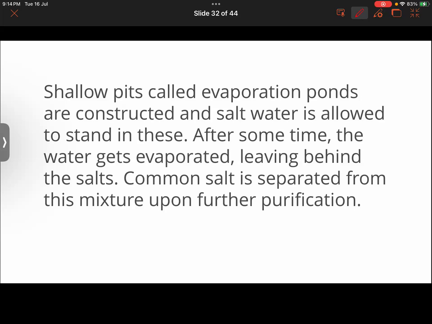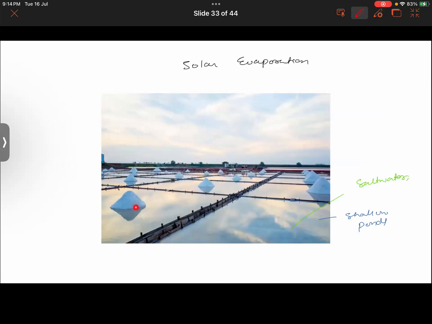Right, so common salt will be separated from this mixture. There will be several impurities in it also, right? Because sea water not just contains salt, but apart from salt it contains other impurities that need to be removed. It could be dead remains of fishes, fish bones or other impurities, or stones, and maybe some sand from underneath.